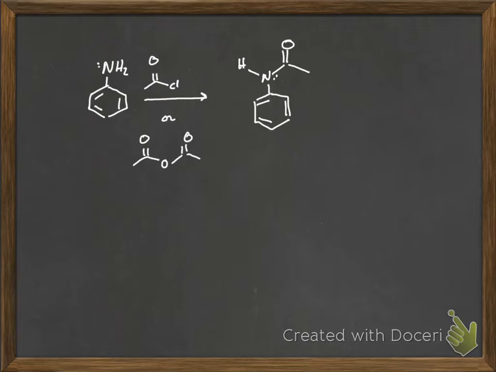Now, this is important for two reasons. One, it allows that pair of electrons to push around the ring and generate those lovely ortho-para locations, and favors a cation formed on this carbon by resonance through the nitrogen.